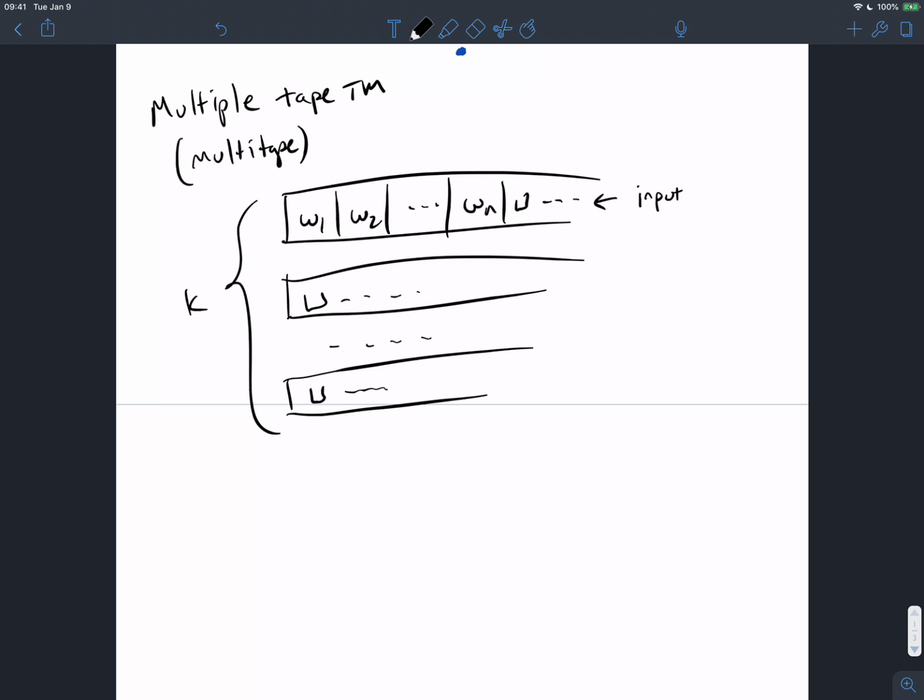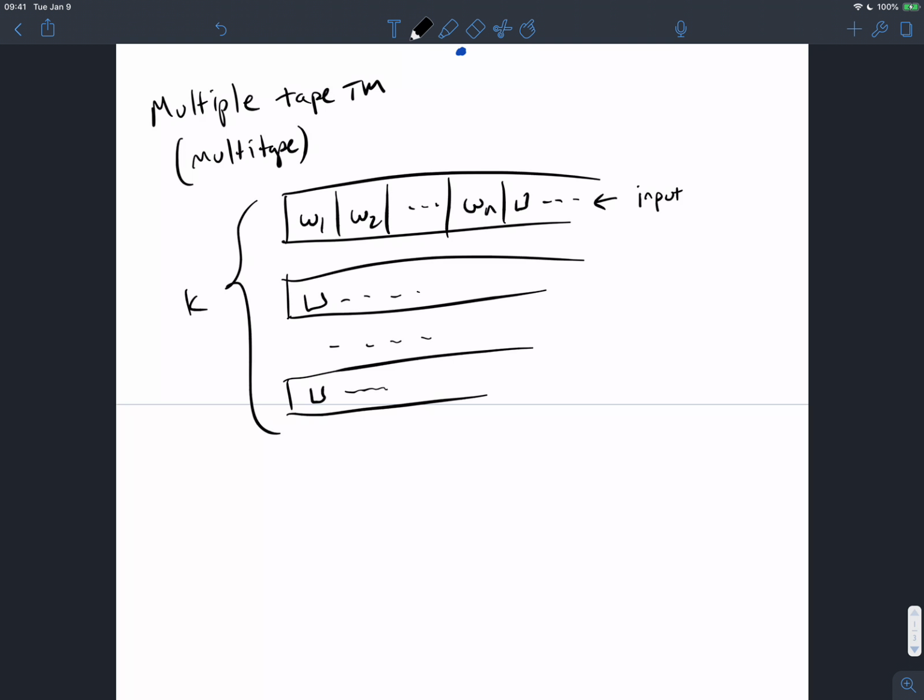So this just means pick from the set gamma k times, which means all possible ways of looking at symbols on the k tapes. And of course we're going to change state, but instead of a single symbol to write on a single tape, we're going to have k symbols to write on the tape.